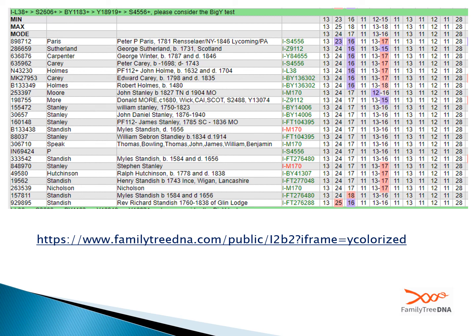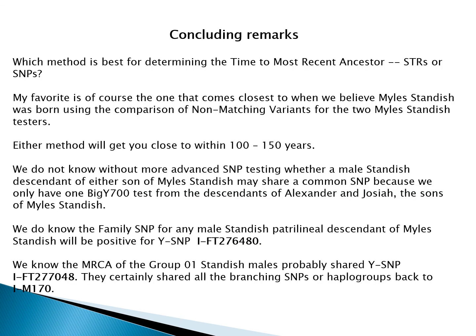Stanley is kind of similar to Standish as a name, but they were related further back in time. The Stanley males do not share any of the SNPs below haplogroup BY14006. And the link here is hot, so you can go out and look at that project if you like.